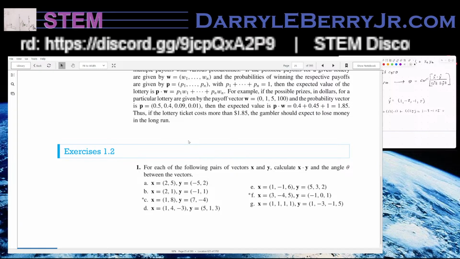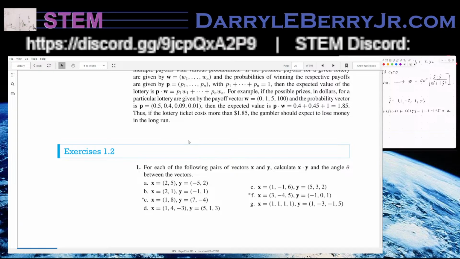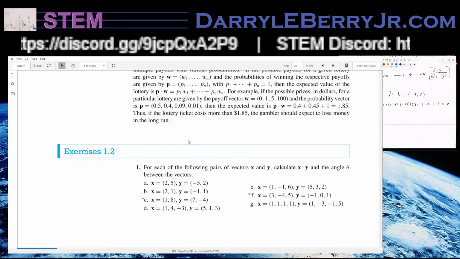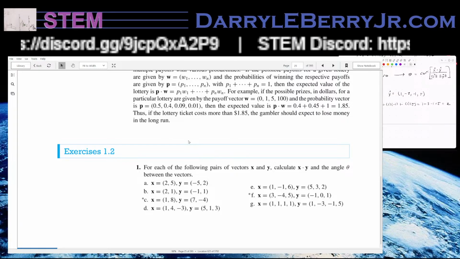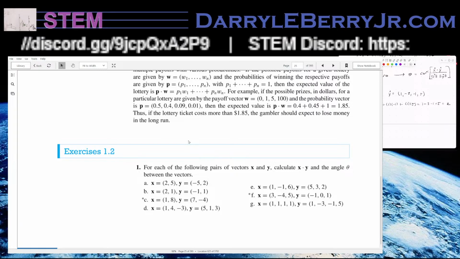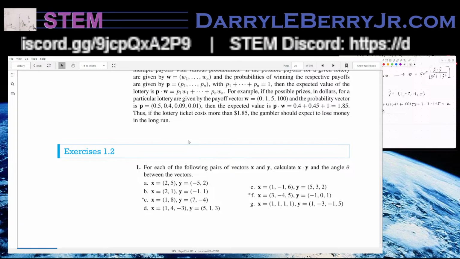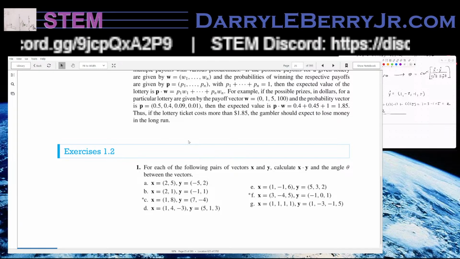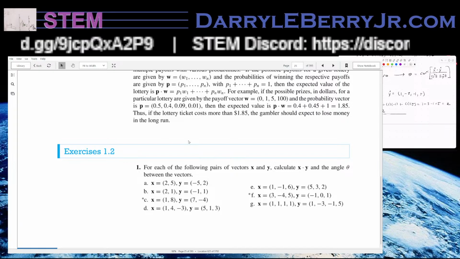5 minus 4 plus 1, so that should be 2. 5 minus 4 is 1, plus 1 is 2. So theta equals cosine inverse of 2 divided by the magnitude of x, which is the square root of 1 squared plus 1 squared plus 1 squared plus 1 squared.